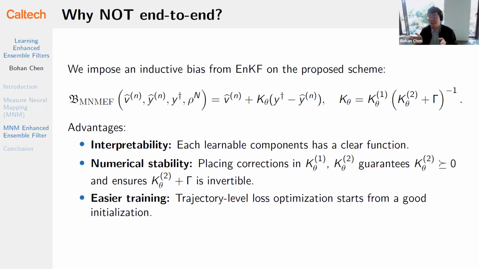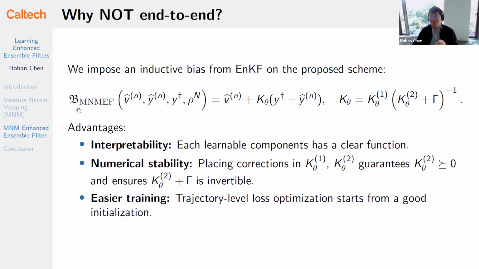The correction terms will deal with the nonlinear and non-Gaussian setting based on the EnKF, because we know EnKF is optimal for the linear Gaussian setting. And also we have the inflation and localization components, which function similarly to the inflation and localization in the classic method. And the set transformer only functions as an encoder to encode the empirical measure into a fixed-dimensional feature vector. So each part is interpretable and we can adjust them easily.